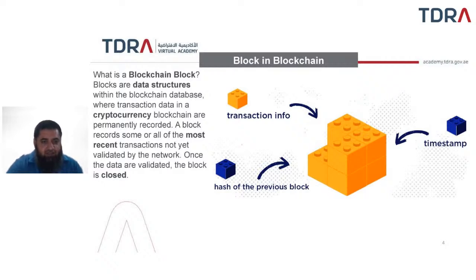First of all, it has a previous hash, meaning the hash of the previous block. Second, it has some transaction information. And thirdly, it has the timestamp, the date and time at which the block was created on the blockchain.